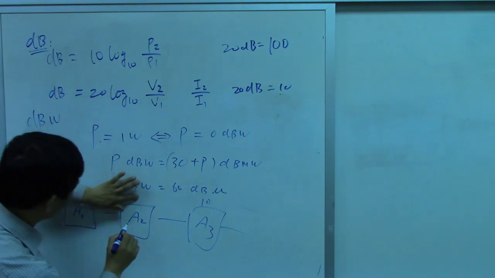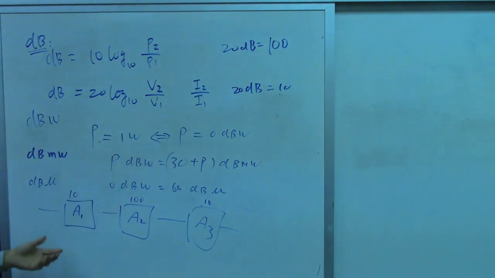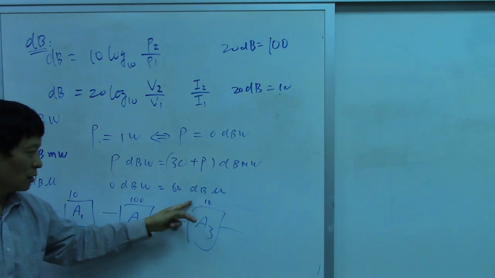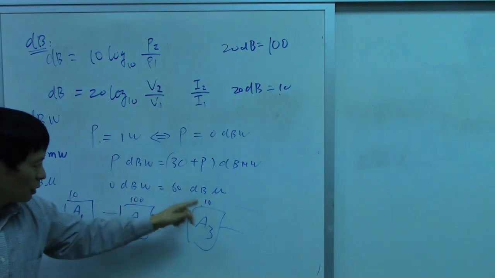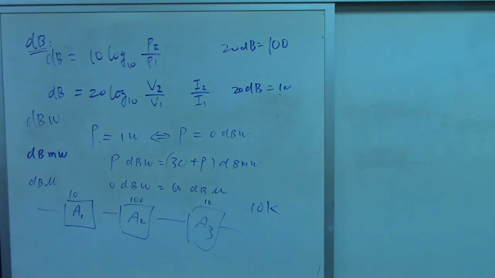Suppose this is 10, this is 100, and this one is another 10. Let's try. So again, these are not in dB, it's absolute value. So the total again will be 10 times this times this. Multiply this, multiply this. So that will be 10,000. Now we convert this one in dB. How many dB is this?